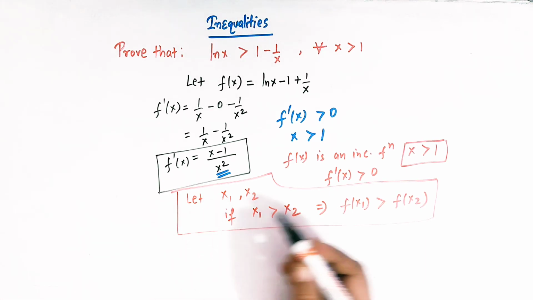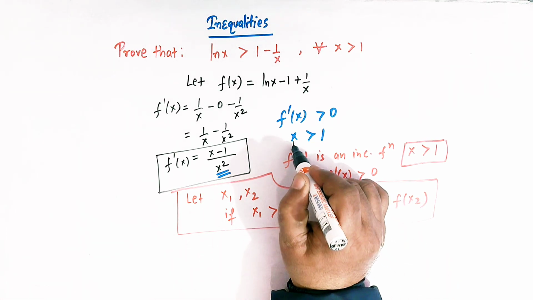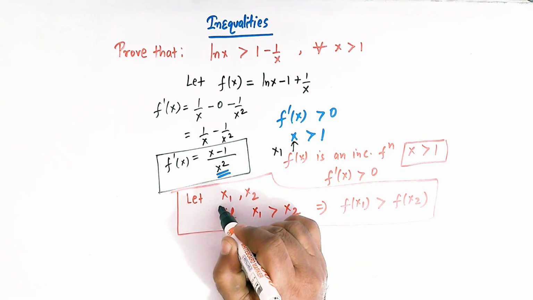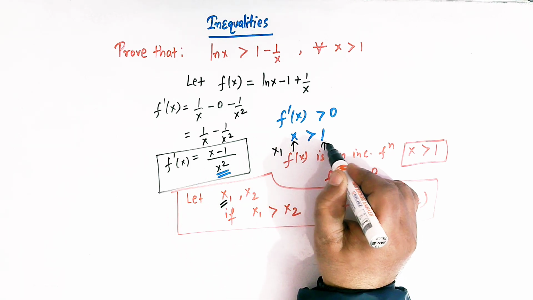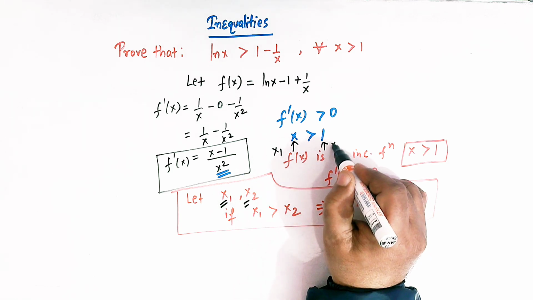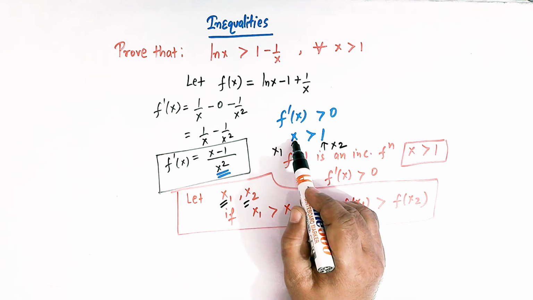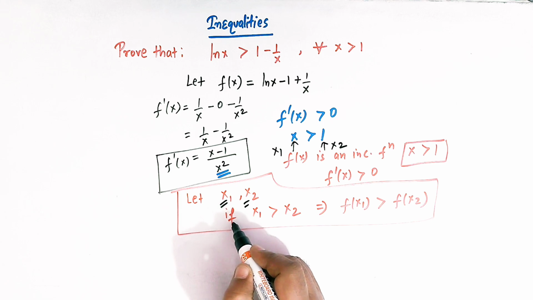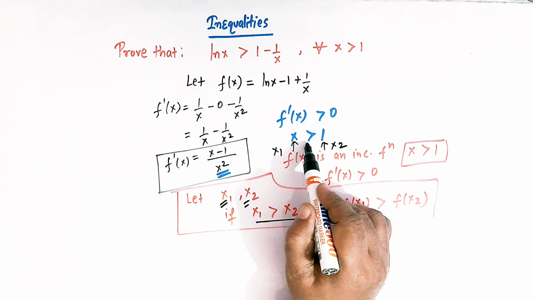Here we'll take x as x1 and 1 as x2. Since x is greater than 1, x1 is greater than x2.